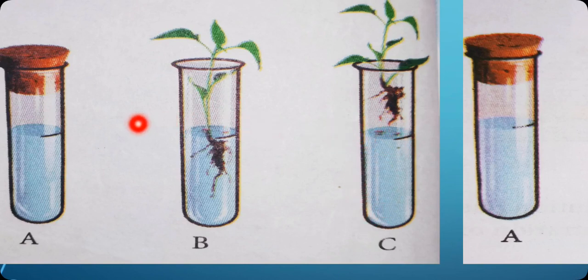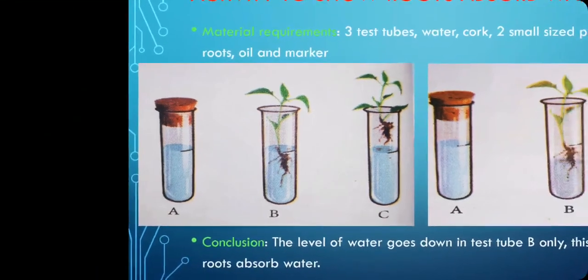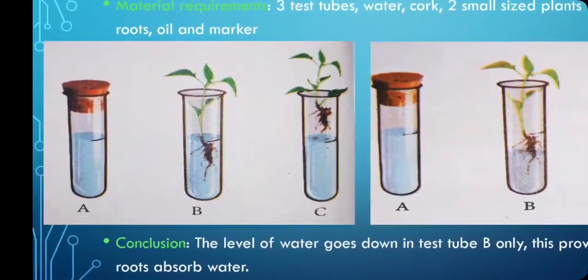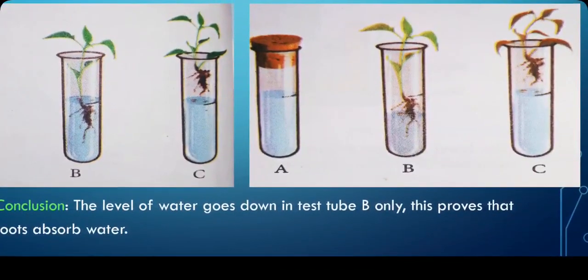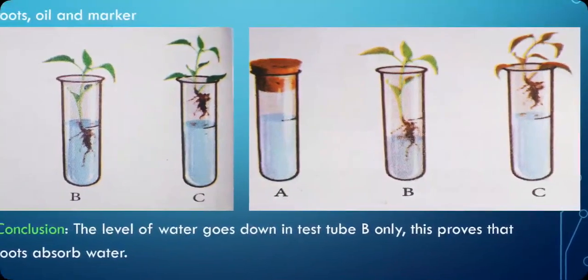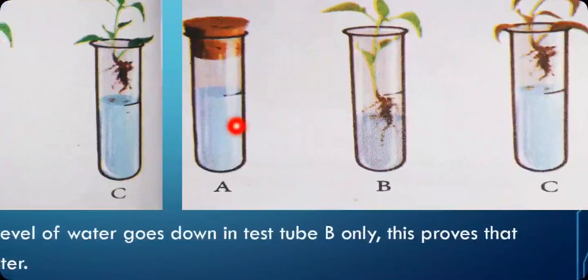Then observe what will happen after some time, or I can say after a day, 24 hours. You will find that there is no change in test tube A, there is a change in test tube B, and there is no change in test tube C. Why is it so? Why is there no change in test tubes A and C?